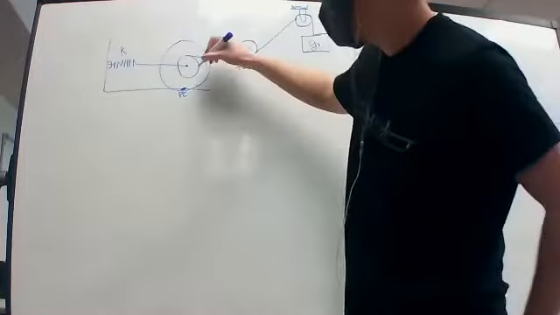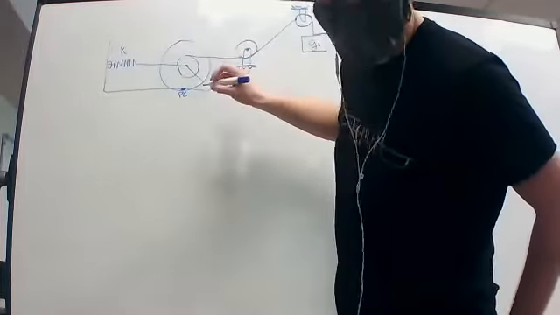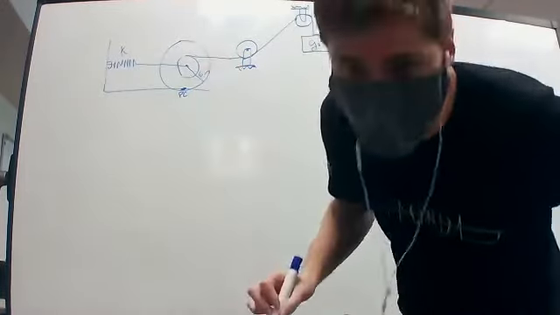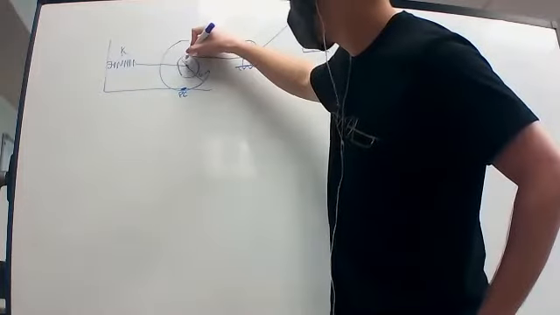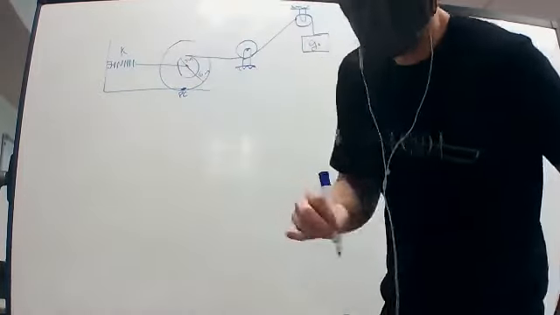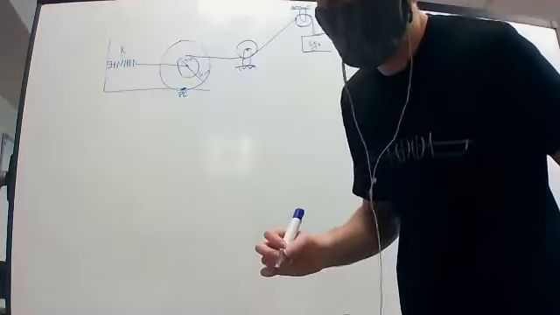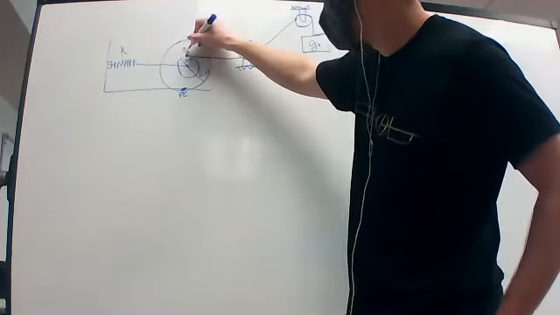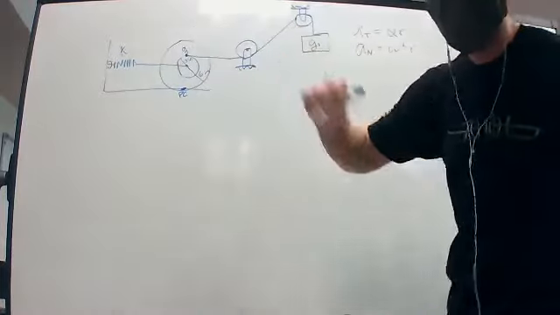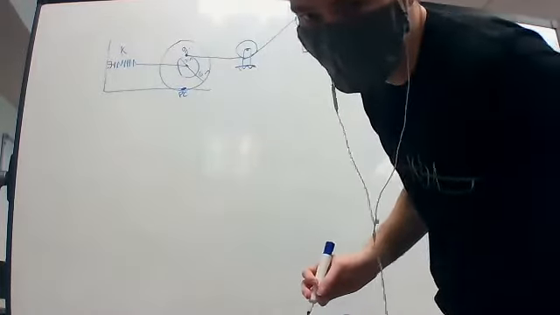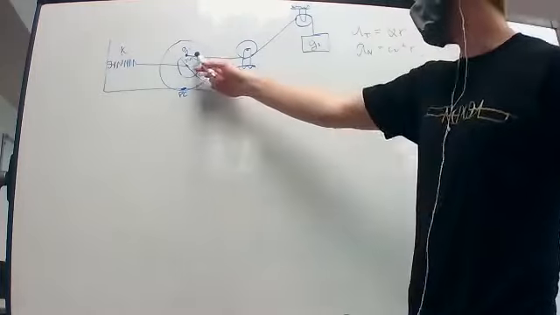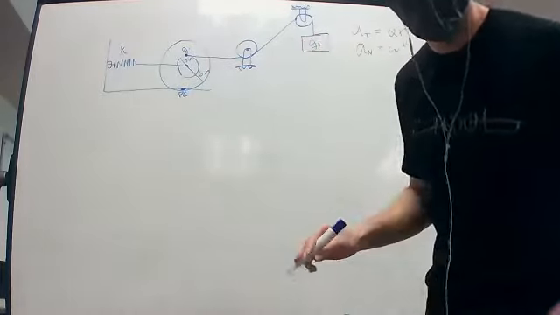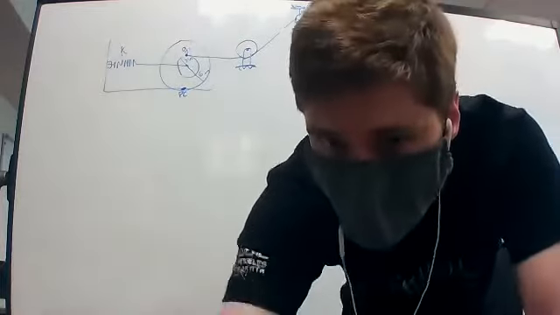The outer radius is 6 inches, and the inner radius is 3 inches. They label this point as G1. This is G2. And like was previously asked, this cable is one big cable, so it is T everywhere in it. It is the same tension value.